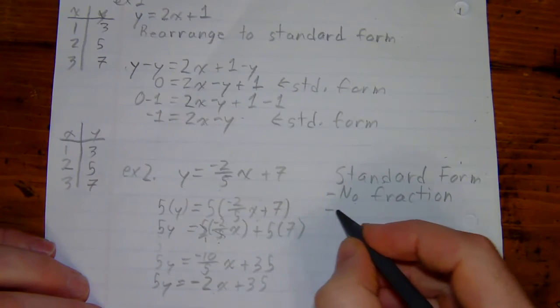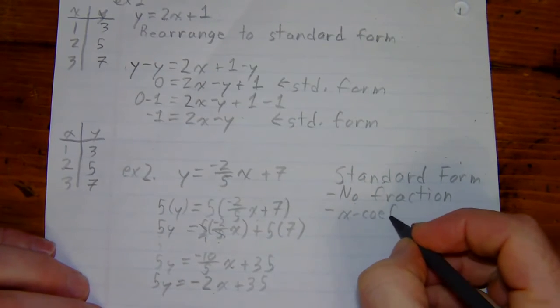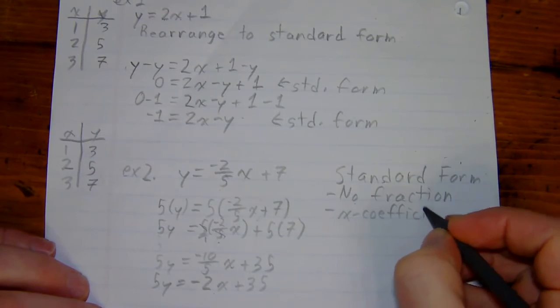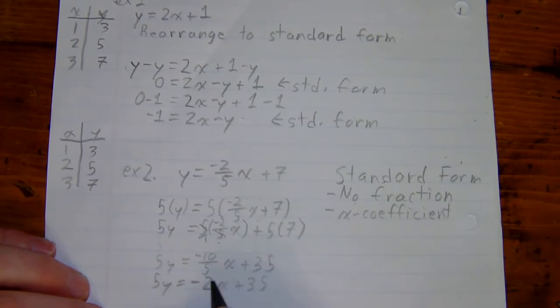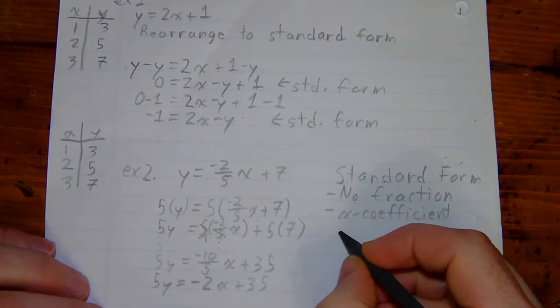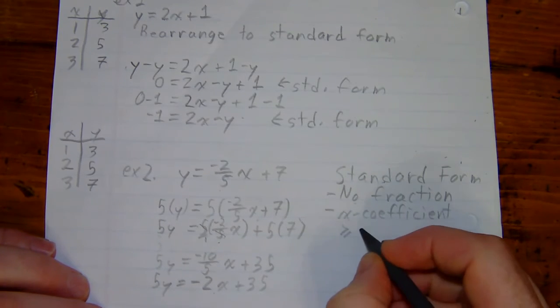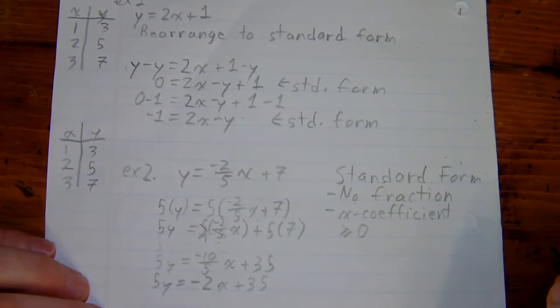The second rule is the x coefficient, and coefficient is just a fancy word for the number in front of the x. So in this equation, the x coefficient is negative 2, and the y coefficient is 5. So the x coefficient must be greater than or equal to 0.